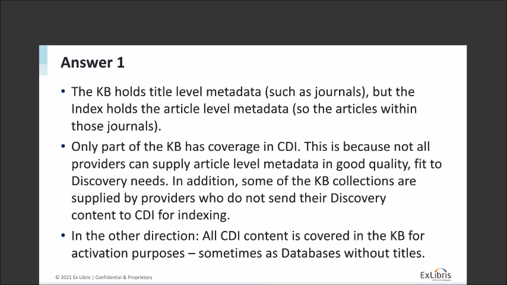So we need really good and rich records, and not all providers can supply this. And of course, all the top providers and the commercial providers, most of them do send feeds also to the KB and also to the CDI, and we have full coverage for them.